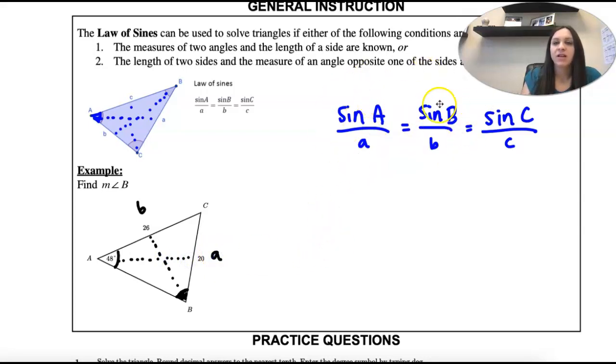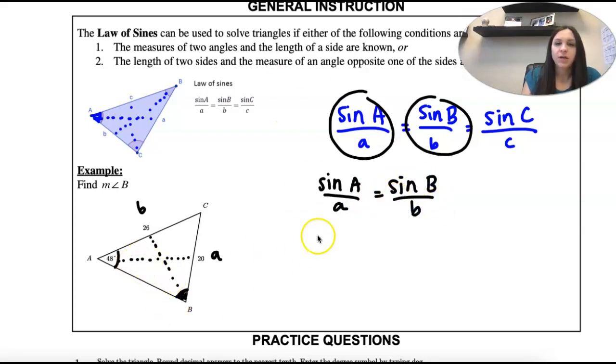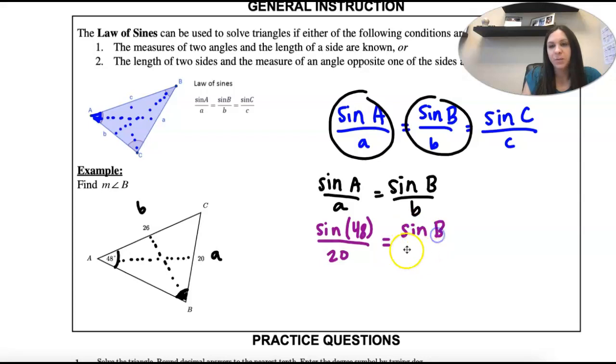So out of these, I'm going to use A and B, and we're going to set just those two equal to each other and plug in what we know. So we know angle A is 48, side a is 20, equals sine of B, which is what we're trying to find, divided by 26.